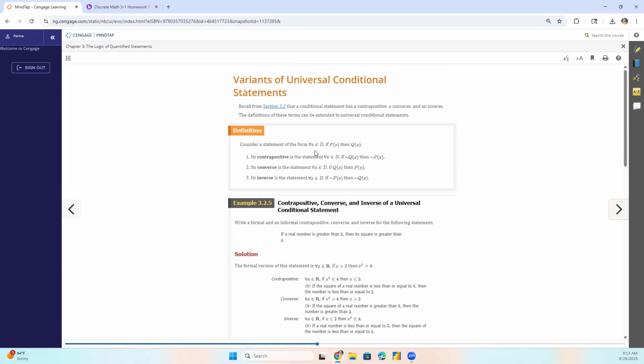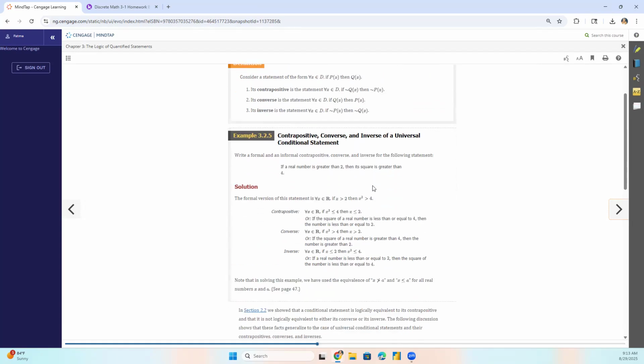When we consider a statement of this form, for every X in D, if P of X then Q of X, if you remember what a contrapositive, a converse, and an inverse are, its contrapositive is if not Q, then not P, and these two are logically equivalent. Its converse will be if Q of X, then P of X, and its inverse is if not P of X, then not Q of X.